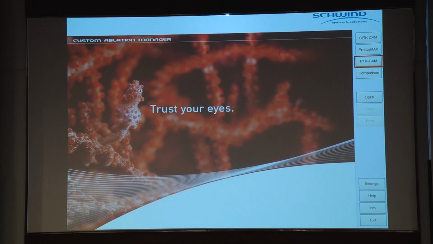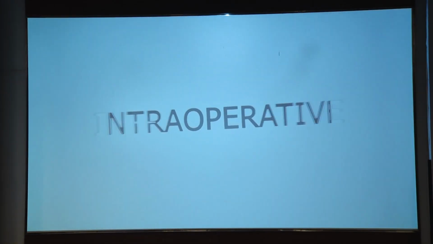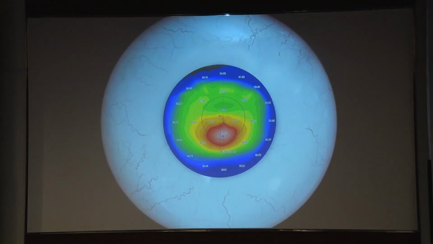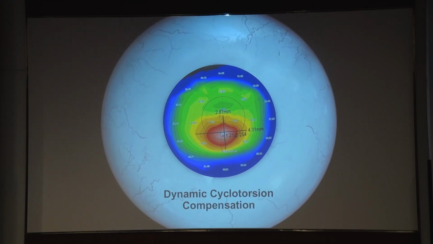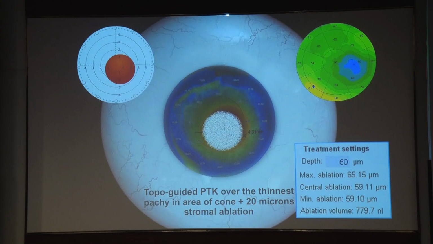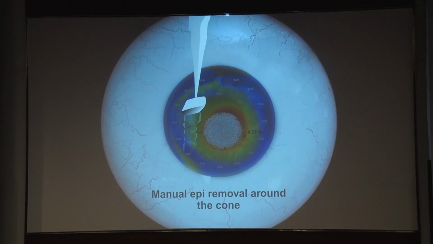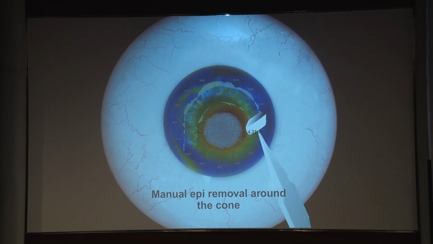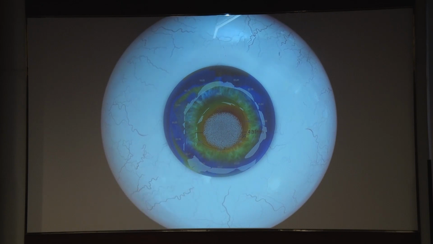All this is done on the PTK custom ablation module. Intraoperatively, after identification of the cone, a topo-guided PTK is done over the thinnest pachymetry along with 20 microns of stromal ablation. Next, the epithelium over the rest of the cornea, up to 8 mm in diameter, is manually scraped, followed by accelerated cross-linking.